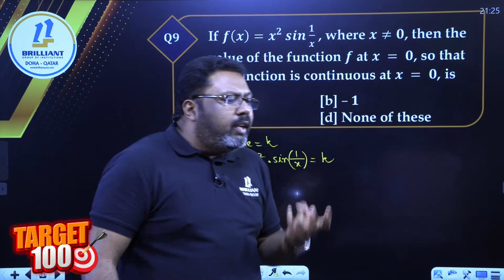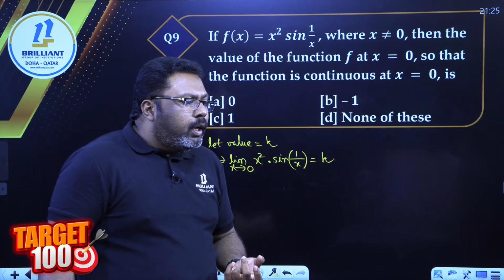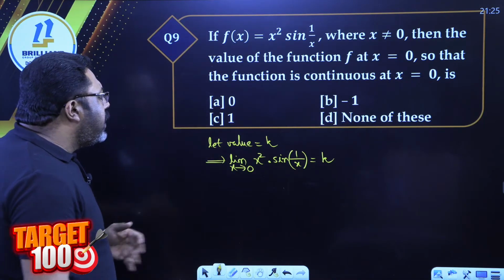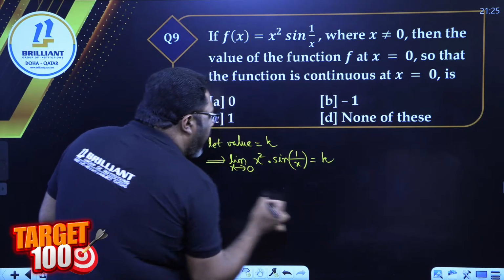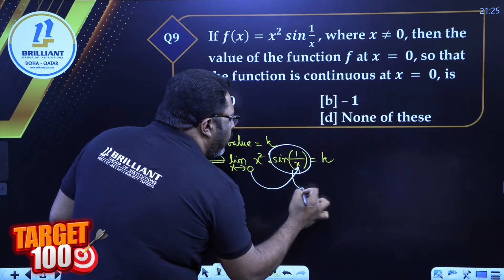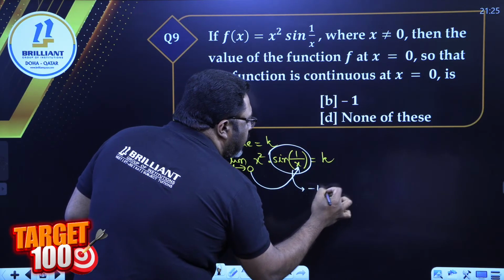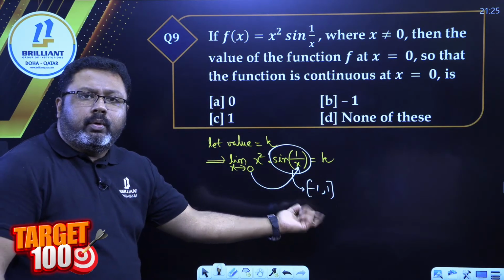Yes, very good, Prapti, Fahad, Hafez, Faris, Hadia and Angeline. Yes, Sana, very good. All of your right answers coming right away. We know that if I try to put the value of x equal to 0 here, it's always a value which lies between -1 and 1. -1 to 1 is a numerical value, yes.